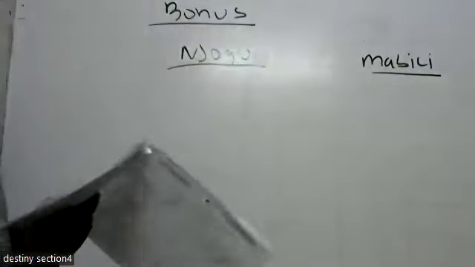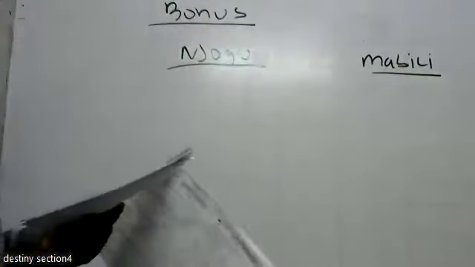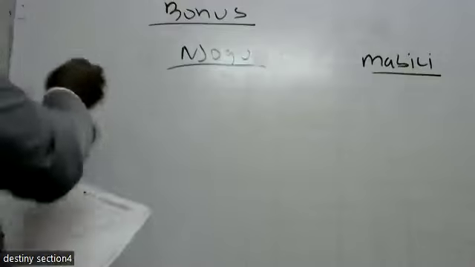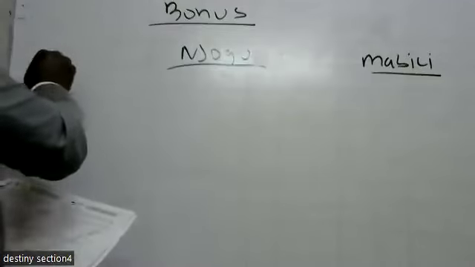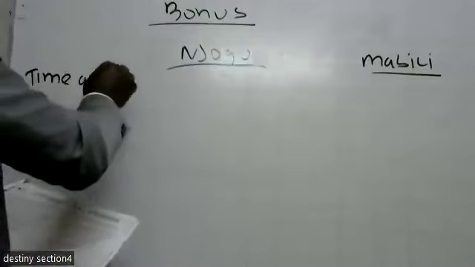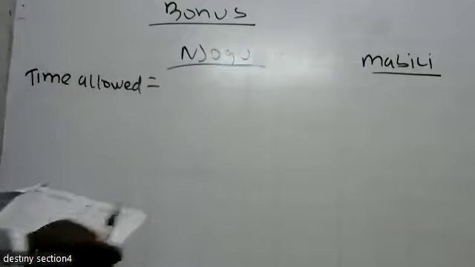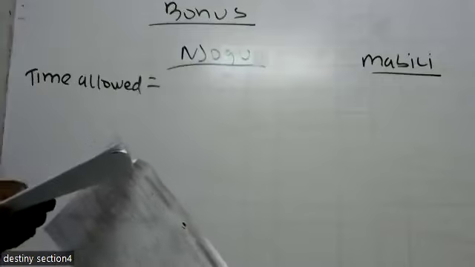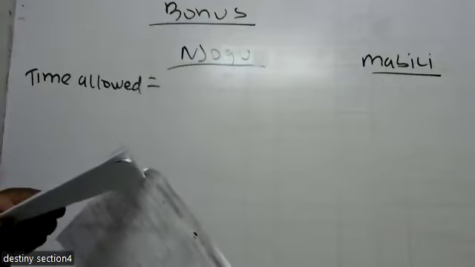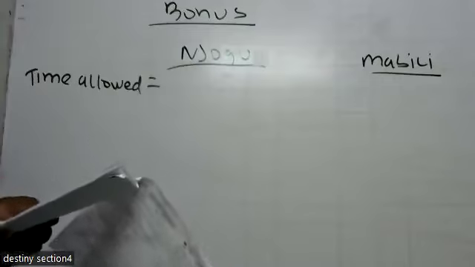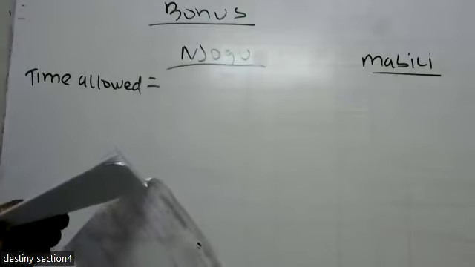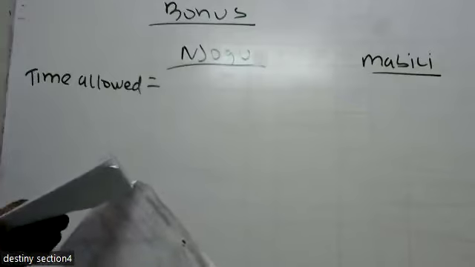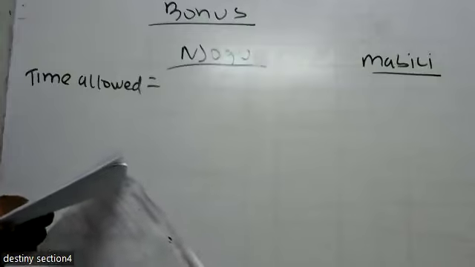We start by getting the time allowed. You can see they said that in the month of July 2022, Jogu made how many units? 100 units.